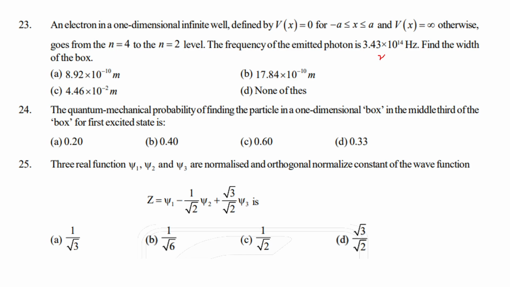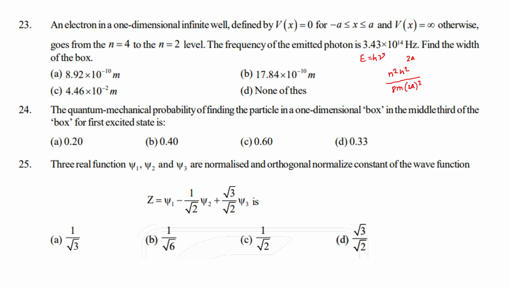So nu is given. For energy you can multiply it with the Planck constant, and here you know that for the well from minus a to a, your box length is 2a, so the energy is going to be n square h square by 8m times 2a square.